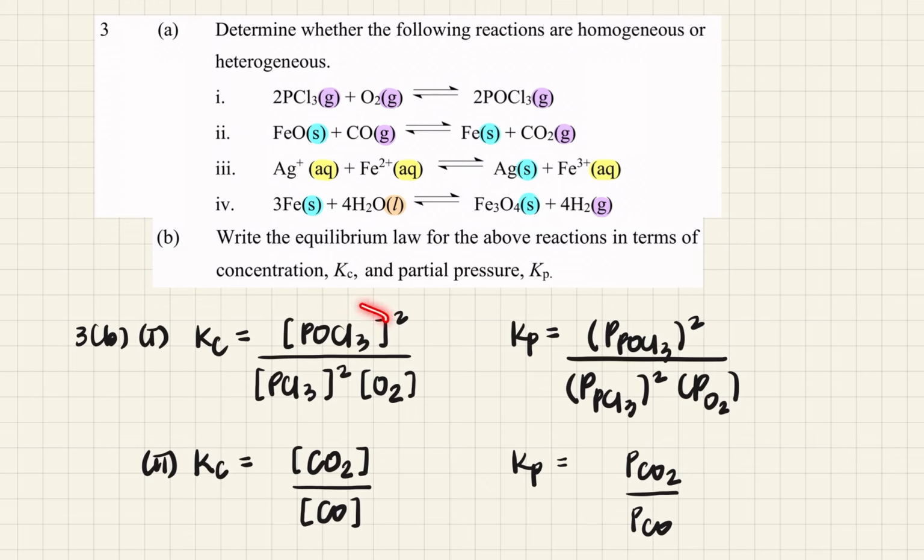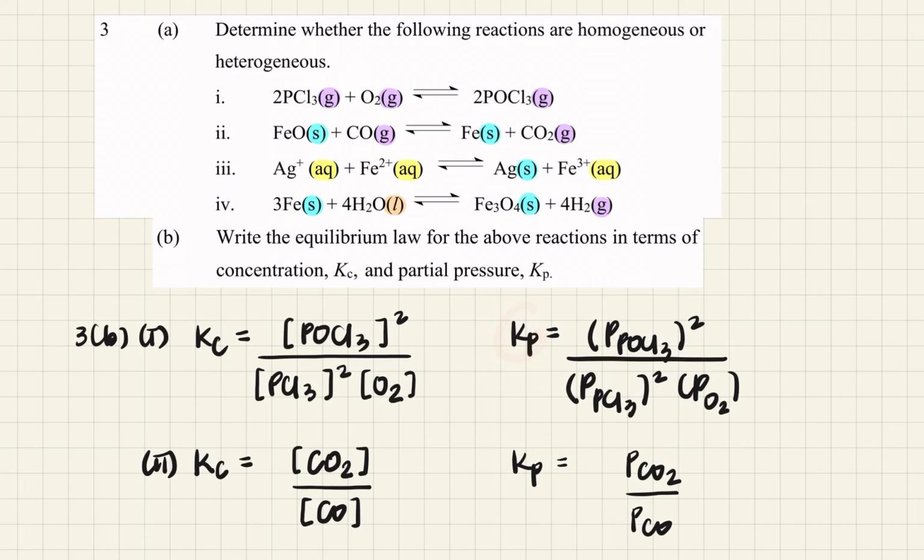So make sure to write your product. Okay, for Kc it is concentration of POCl3 raised to the power of 2, because we have stoichiometry 2 here, over your reactants PCl3, okay, with 2 for your stoichiometry, and oxygen gas concentration.